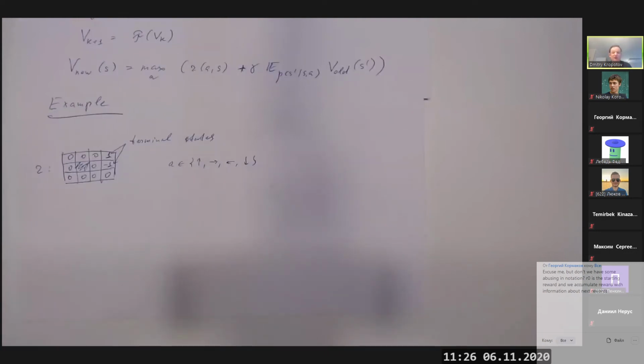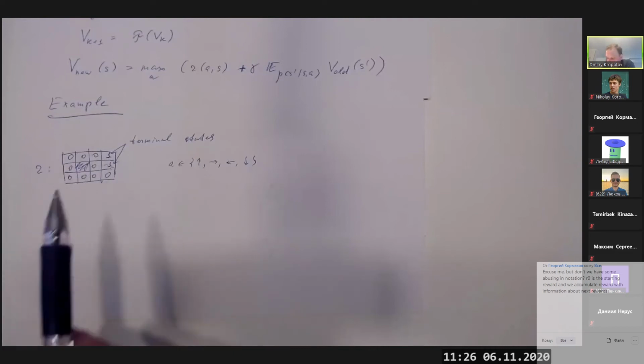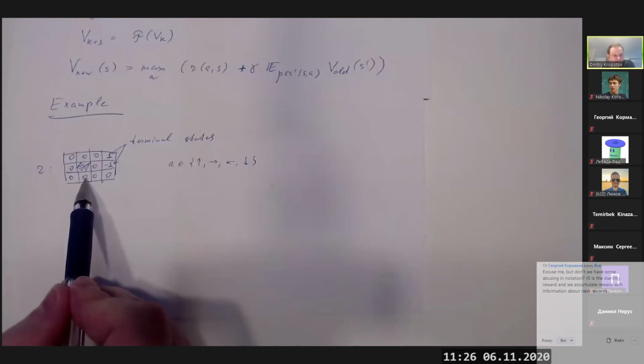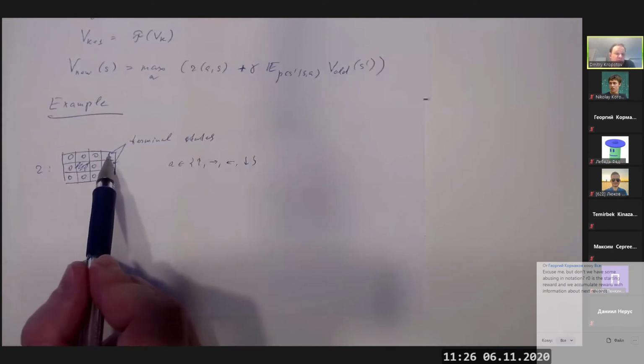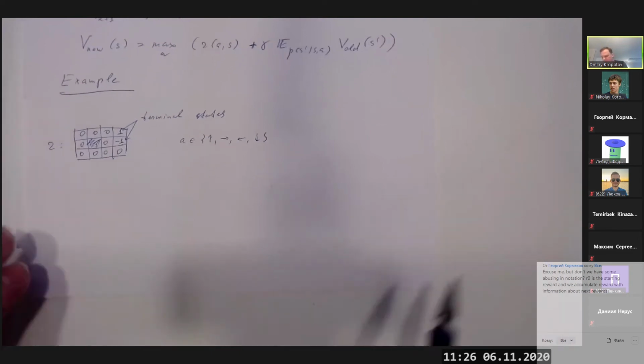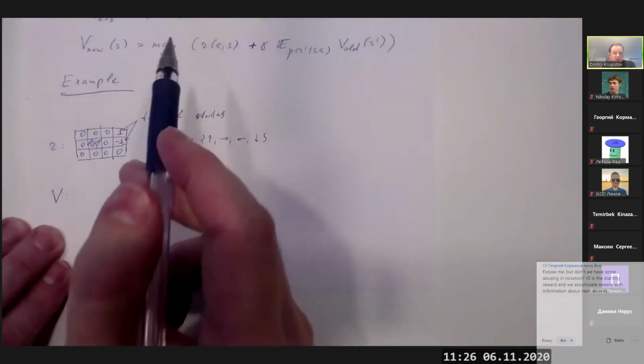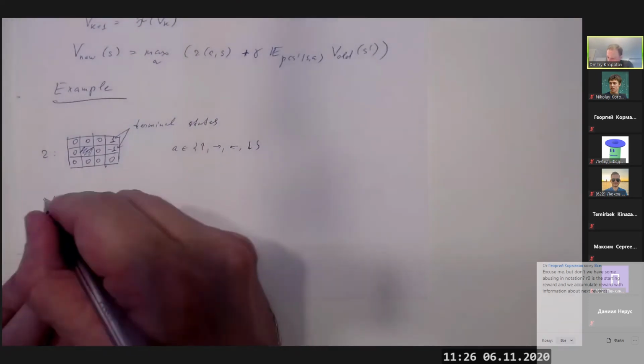And we would like to learn the optimal policy. What does the optimal policy look like here? We start from some arbitrary position in this field, and our optimal policy is the shortest path to the +1 position. This would be the optimal strategy here. Let's apply our value iteration algorithm to that particular case.